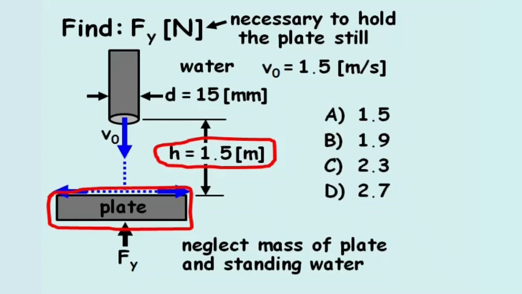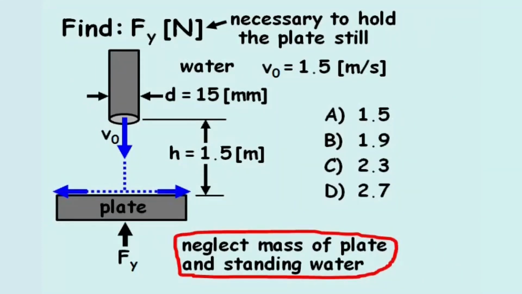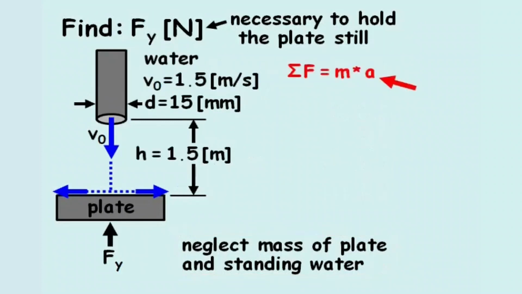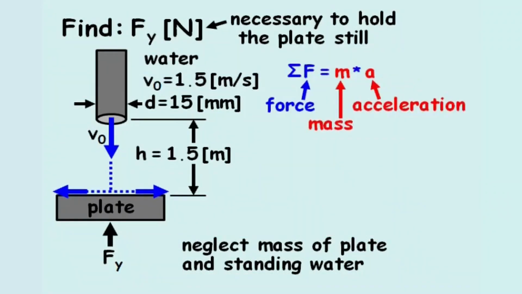The problem also instructs us to neglect the mass of the plate and the mass of the water ponded upon the plate. From Newton's second law, we know the sum of the forces acting on the plate equals mass of the plate times the acceleration of the plate.